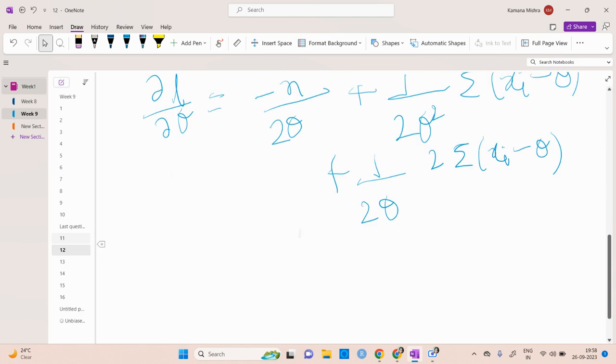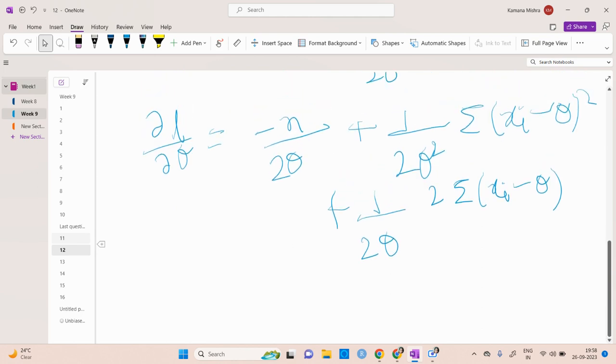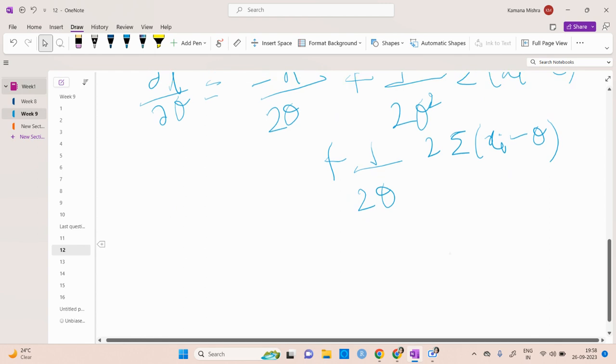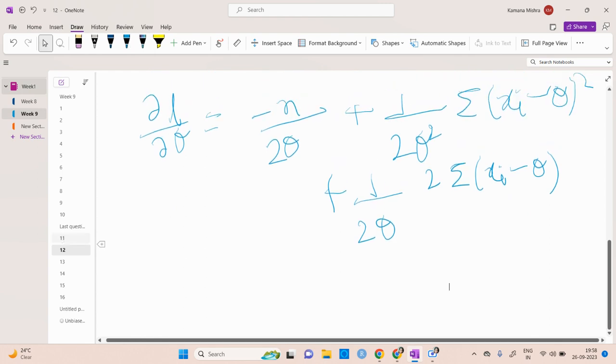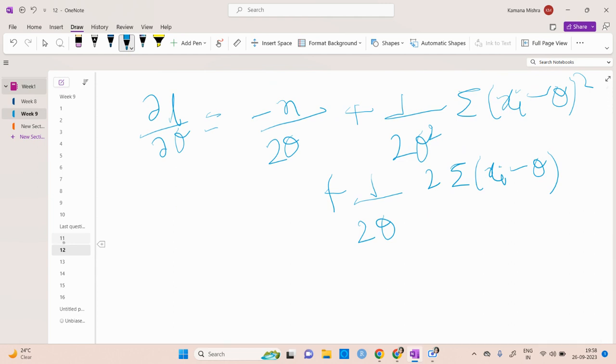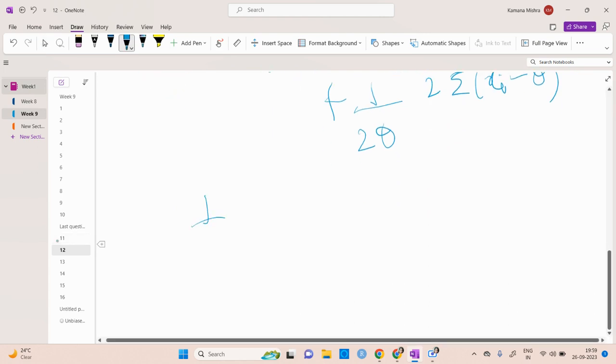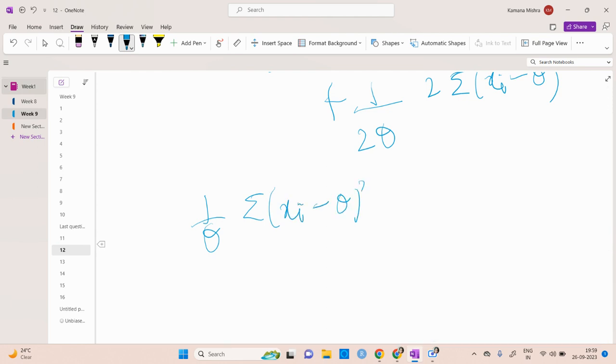Now you can see we have 2 theta everywhere, so we can just remove this, and then from here we can write 1 upon theta summation xi minus theta square, and then this one will be 2 summation xi minus theta, equal to n, right?